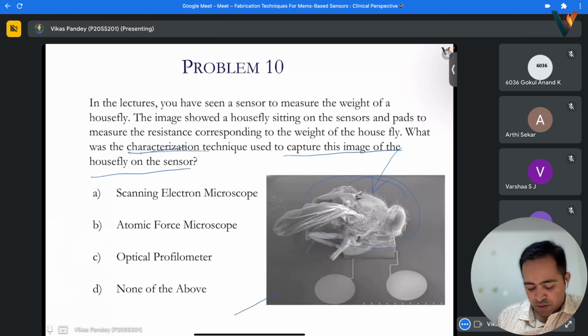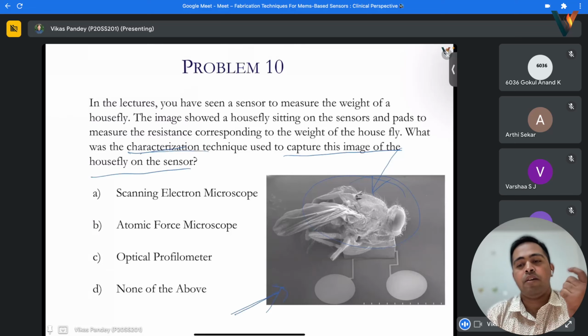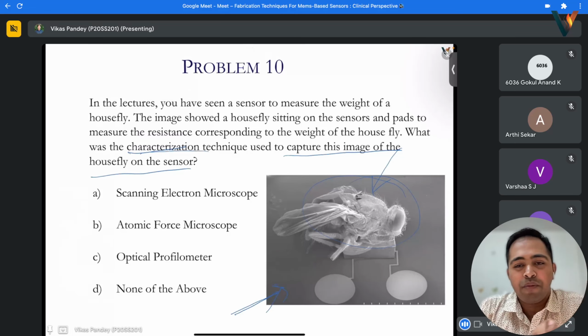Is it a normal photograph? Can we take it from our mobile phones? Can we take such small structures from our mobile phone? Is it possible? Not possible. So, some method was used. And what was it? Was it scanning electron microscope, atomic force microscope, optical profilometer, or none of the above?